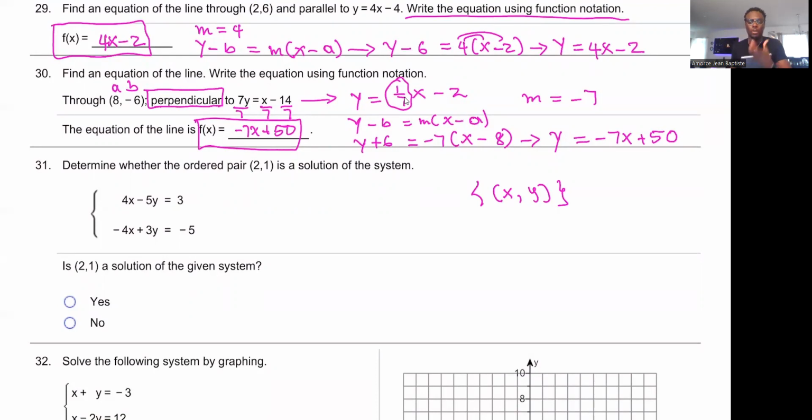So the parentheses tell me that my solution is an ordered pair x and y, and the braces tell me that this is my solution set.